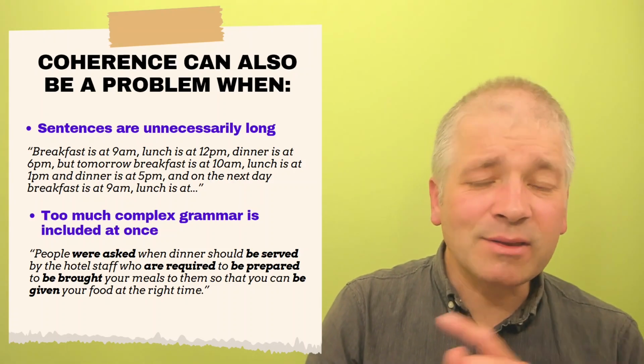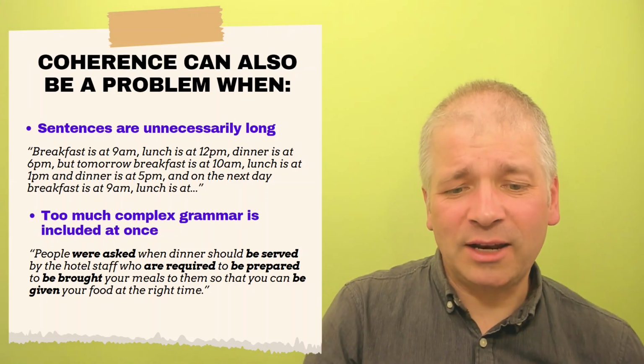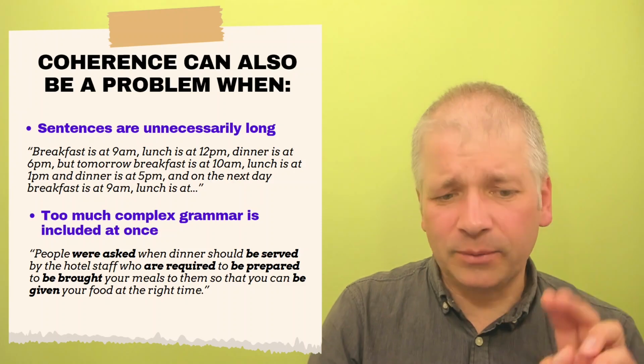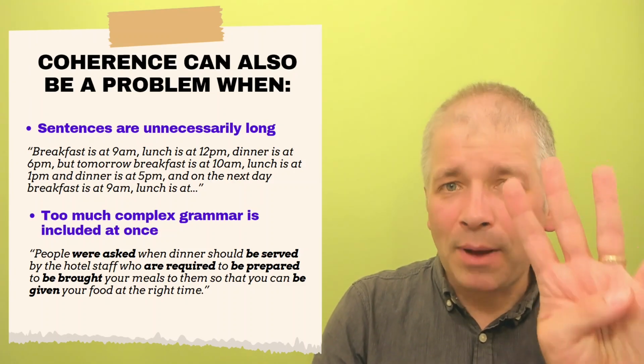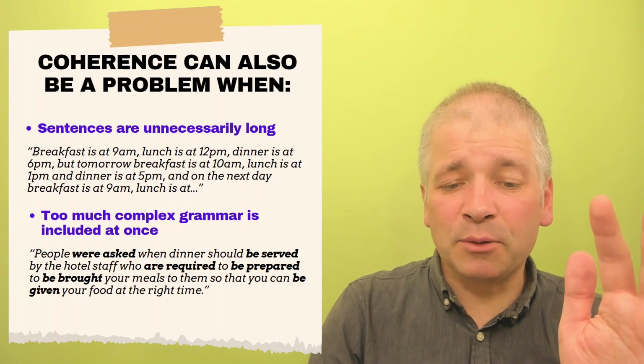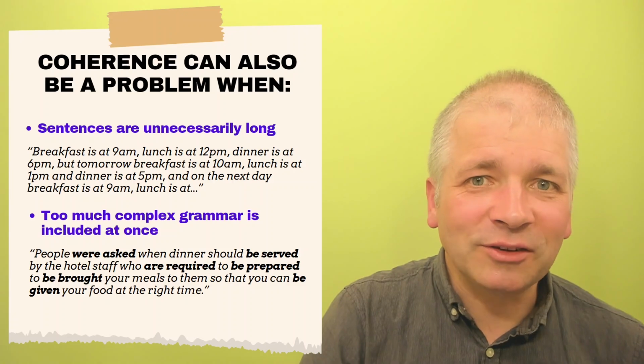In fact, 6 examples. People were asked when dinner should be served by the hotel staff who are required to be prepared, to be brought your meals to them so that you can be given your food at the right time.